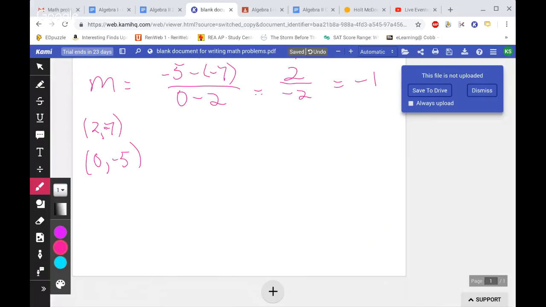Which one of these 2 points is my y-intercept? Anybody know?